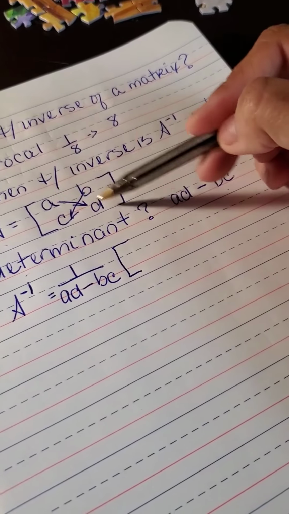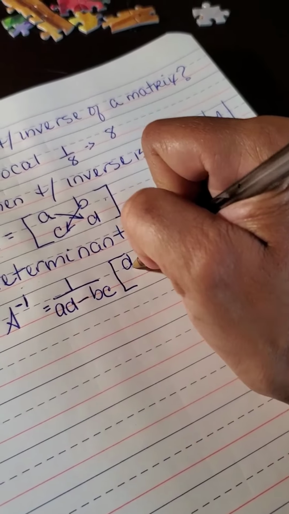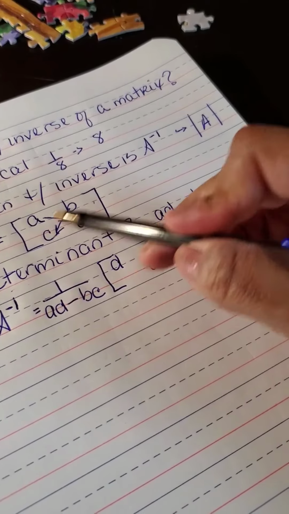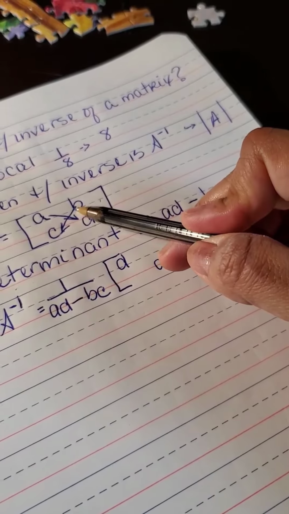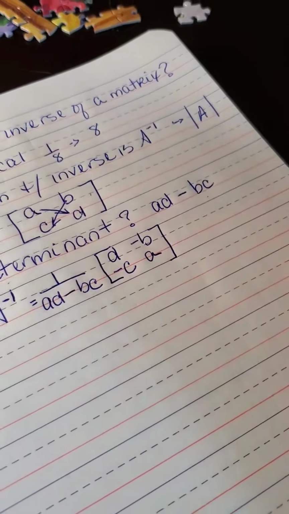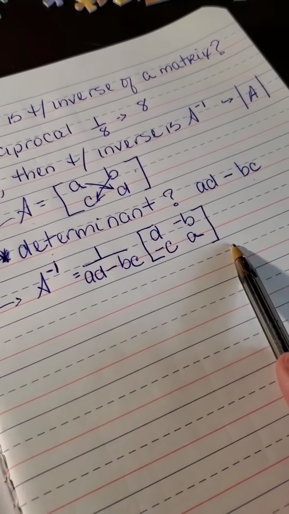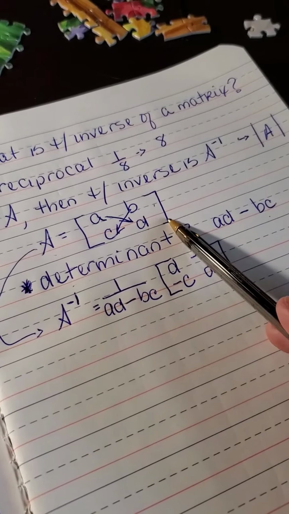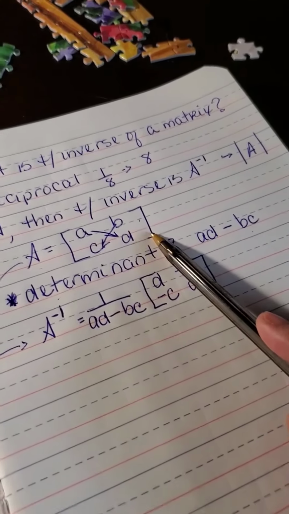A and D simply switch places, okay? So D is going to go here, and A is going to go there. Now B and C, they don't switch places, but they do become negative. Okay? Negative B, negative C. And that's it. Okay? And you're going to solve, and then you're going to have your inverse of this matrix. All right? Multiplying the two gives what is called the identity matrix. I'll talk about that in a minute.